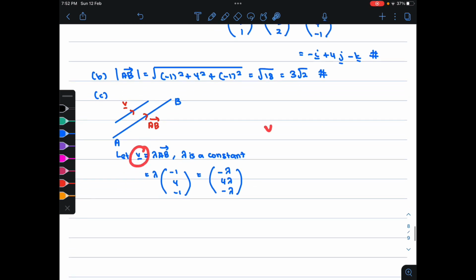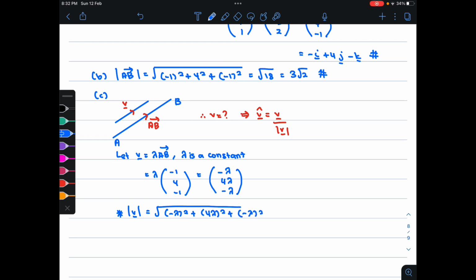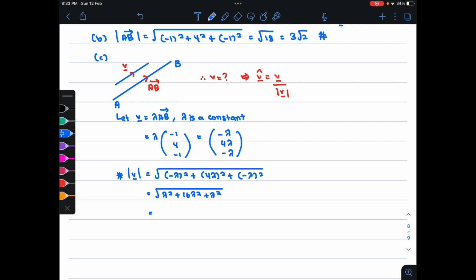So to find V hat, the unit vector, we need the vector and its magnitude. So the magnitude of vector V is the square root of negative lambda squared plus 4 lambda squared plus negative lambda squared.